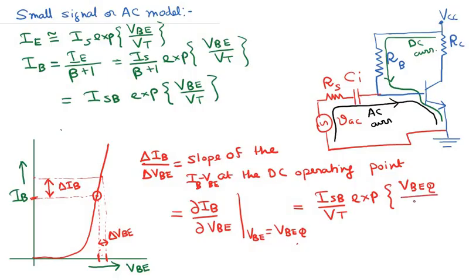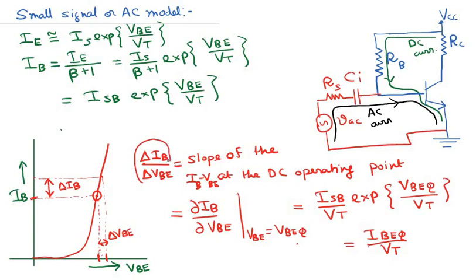So this is equal to IBEQ, the base to emitter current at the Q point or the DC value of the base current, divided by VT. Now this quantity has the unit of conductance.